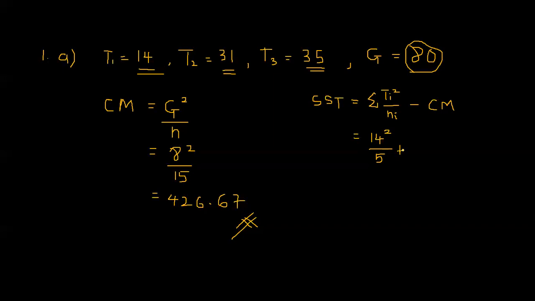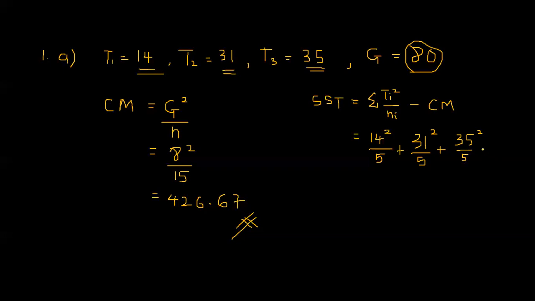And then plus the second treatment total, 31. So 31 squared divided by 5. And then plus the last treatment total, 35. So 35 squared divided by 5.